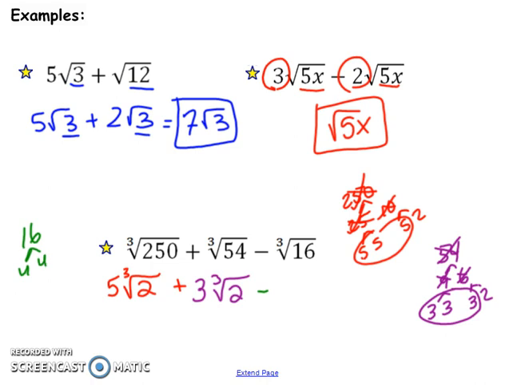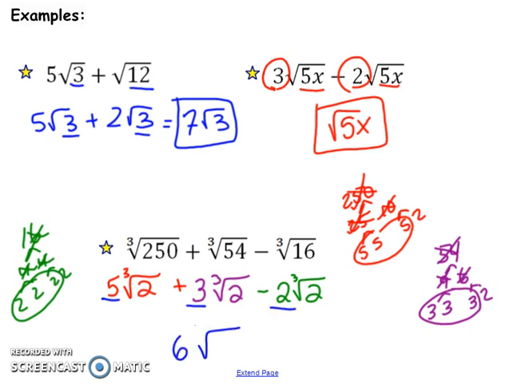We have 4 and 4, 2 and 2, 2 and 2. Again, 3 of the same number, so there's 3 2s, 1 left over. So now we have the same indexes and the same radicands. So we're going to combine the 5, the 3, and the negative 2 together. So we get 6, and then cubed root of 2.